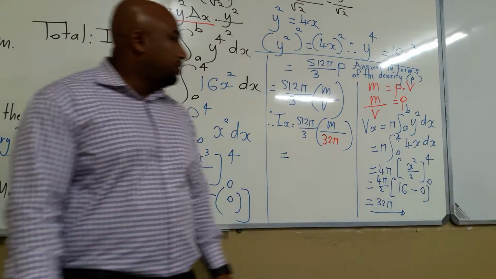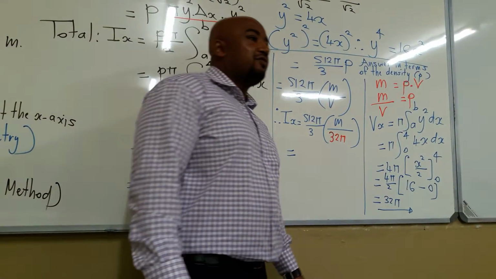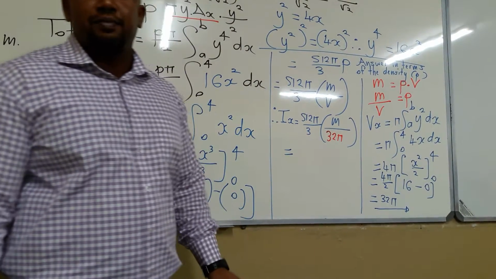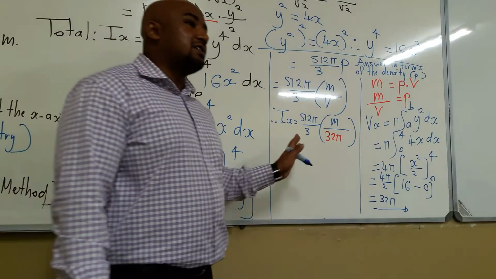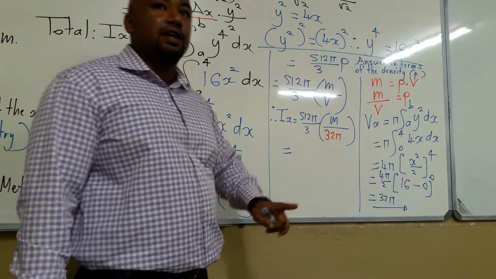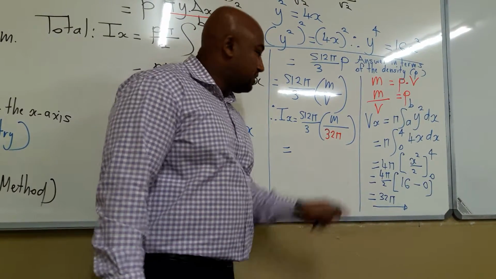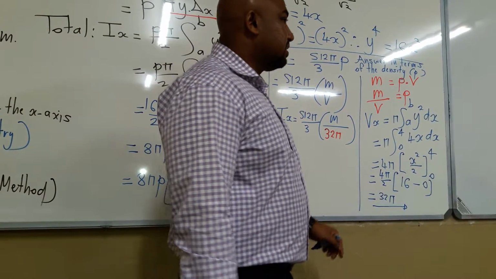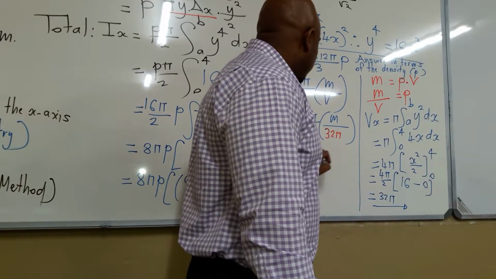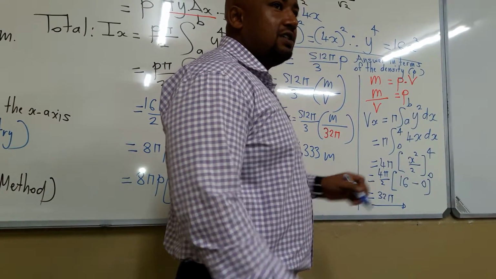What do we get? Now we can use our calculator and round off to 3 decimal places. That is the instruction in the exam. All final answers have to be rounded off to 3 decimal places. You don't round off anywhere else except the final answer. What do we get? So we get 5.333 M. Your answer is in terms of M.